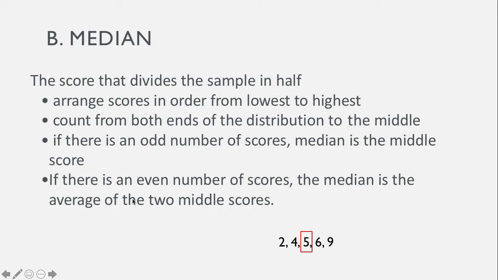So then we follow this rule. We average the two middle scores. So if there was a 10 right here, that would mean that 5 and 6 would be the two middle scores. So you would add them together, then divide by 2, which would give us 5.5. So that would be the median score.